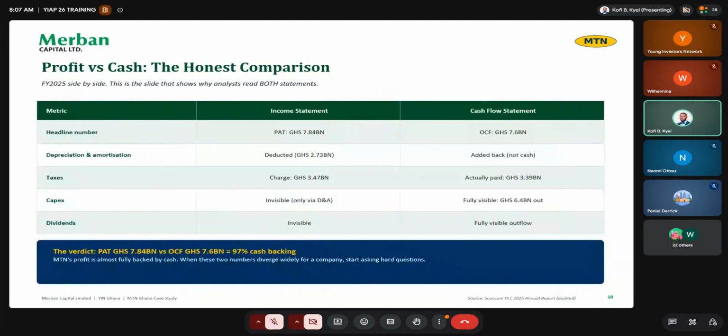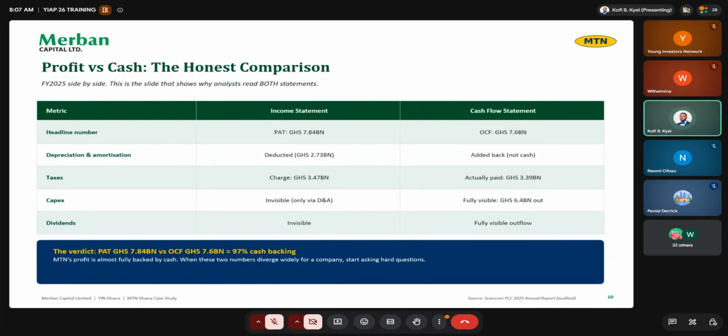Okay, the cash reconciliation. Now let's look at profits versus cash, the comparison. Headline number: PAT, profit after tax, 7.8, operating cash flow 7.6. In the income statement, depreciation is deducted, so you add it back because it's not cash. Taxes, we charge it; in the cash flow, you actually pay it.